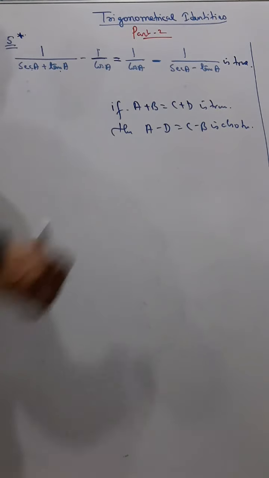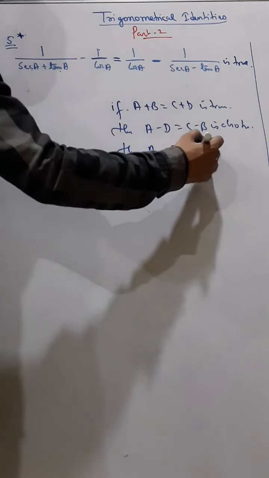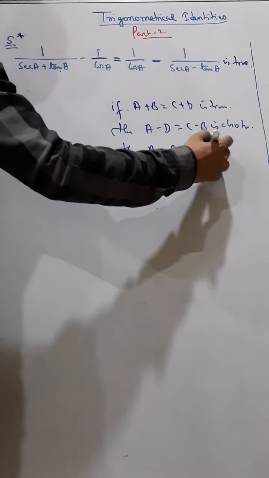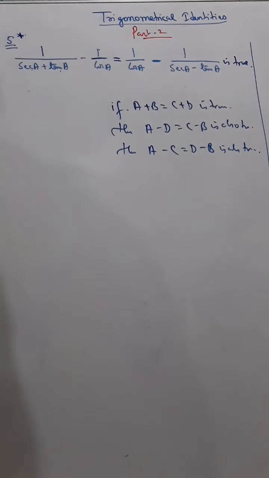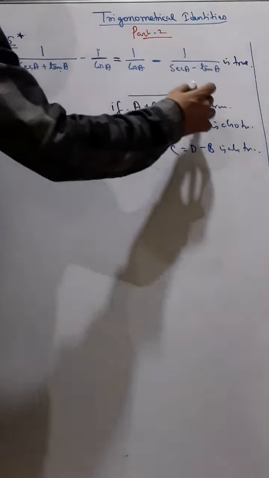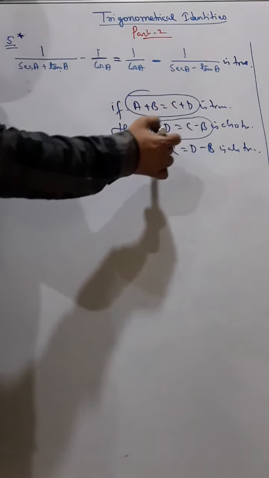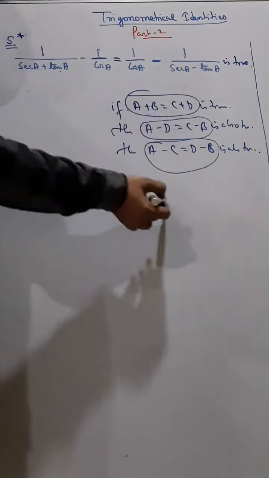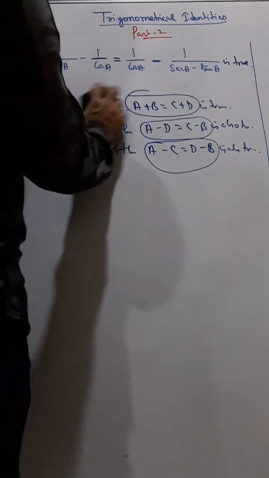Is it not? Then I can also say that a minus c is equal to d minus b, that is also true. So if I need to prove this, instead of this if I prove this, or instead of this if I prove this, all are same. So we will do this sum in that concept only, just follow.